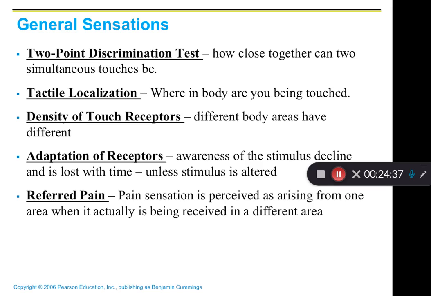That means all these body regions share the same brain cortex region.